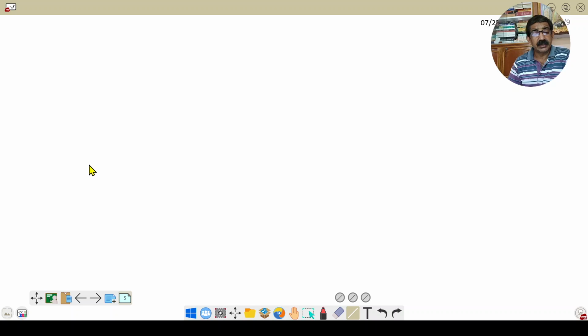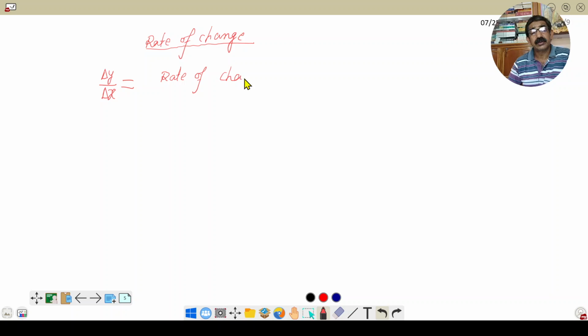In physics, it is very essential. Rate of change, and delta y by delta x has been termed like this: rate of change of y with respect to x.